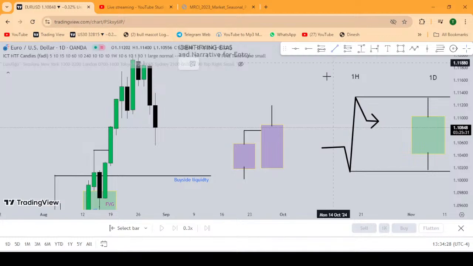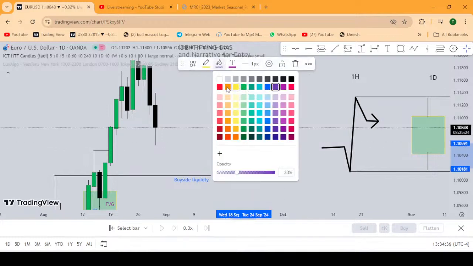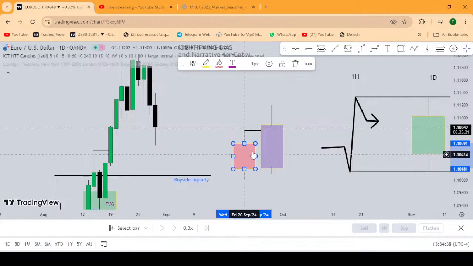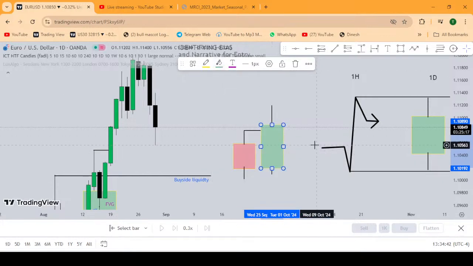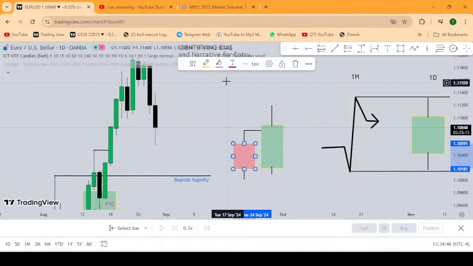So we have this situation. Let me make this a different color. So this is red, this is green. I use green, and I do it specifically for psychology. When I began trading, I used to have that kind of FOMO.